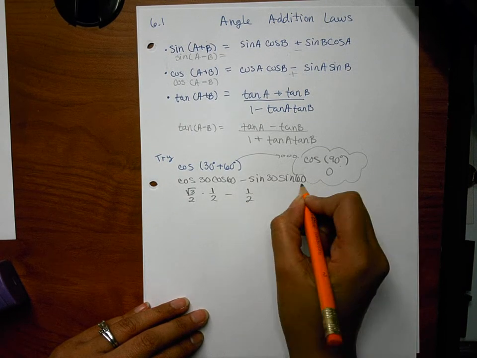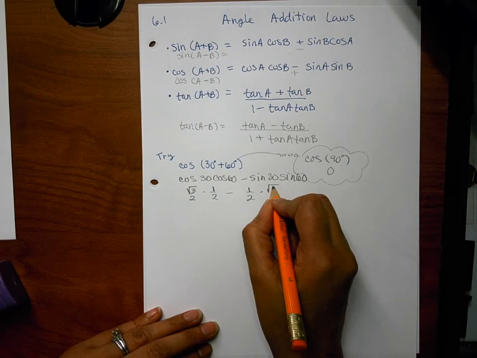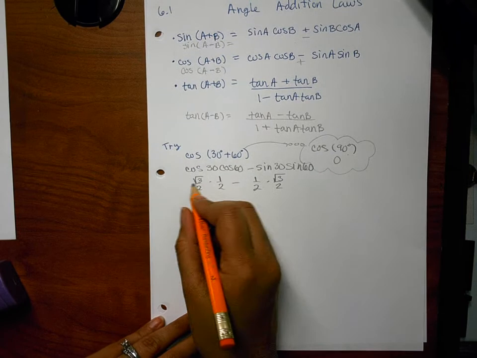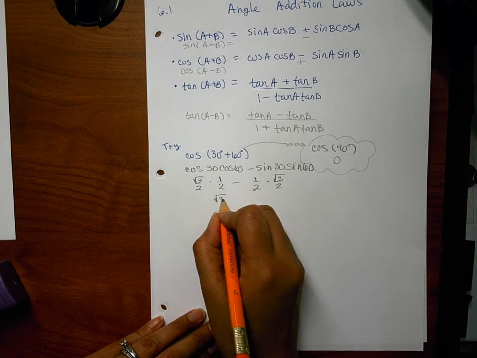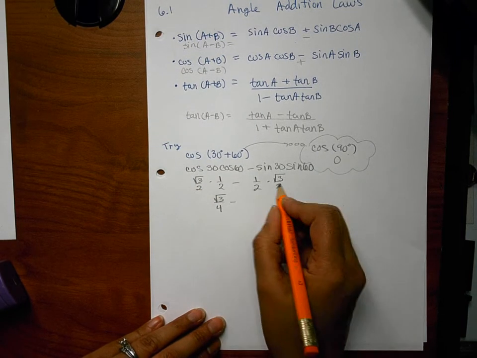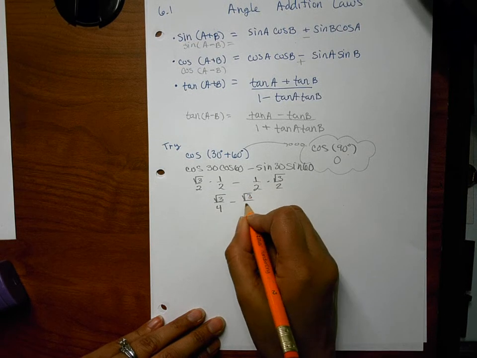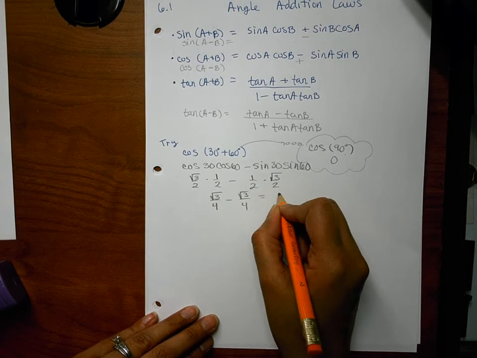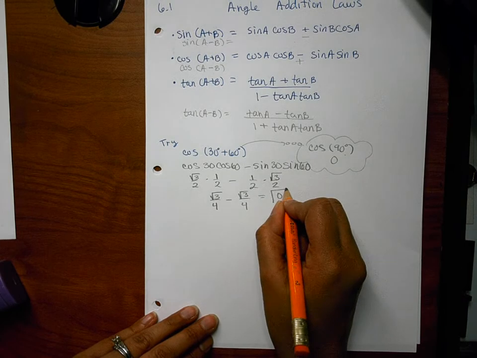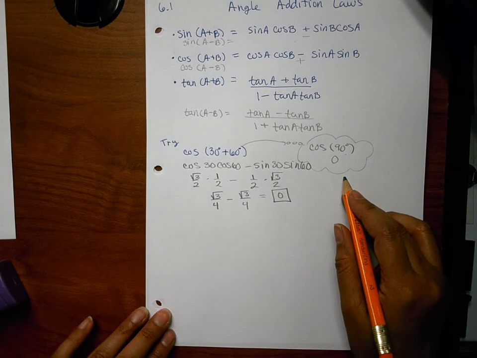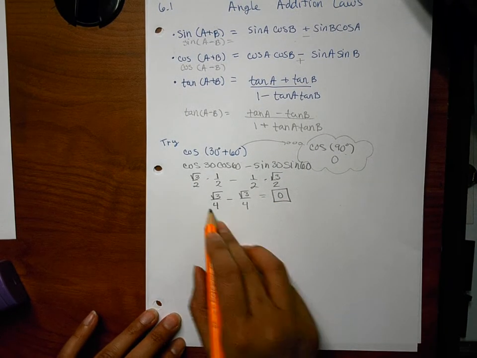Cosine of 60 is 1/2, minus sine of 30 is 1/2. Sine of 60 is root 3 over 2. Root 3 times 1 is root 3 over 4. Take away 1 times root 3 is root 3 over 2 times 2 is 4. You subtract, you get 0 over 4, which is 0.